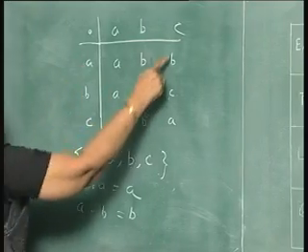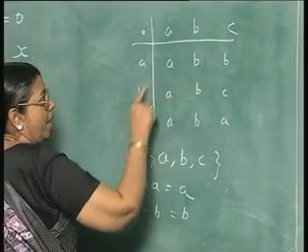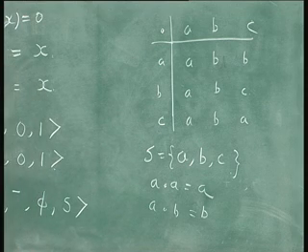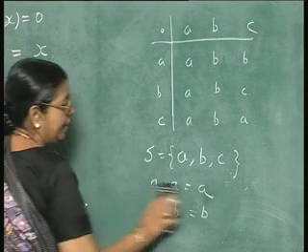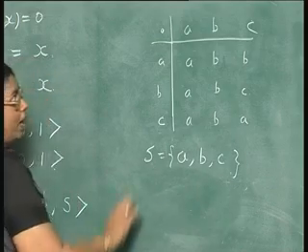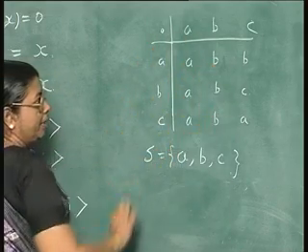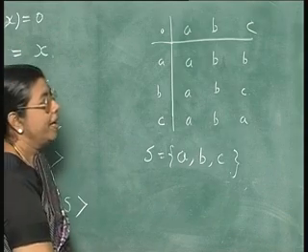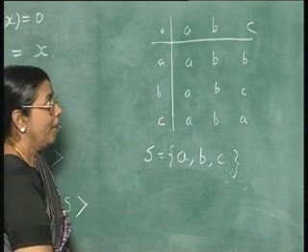Again A dot C is B, B dot A is A. You have to read this table in this manner. Now, this algebra where the operation dot is specified in this manner, does it have an identity element? Does it have a 0 element?